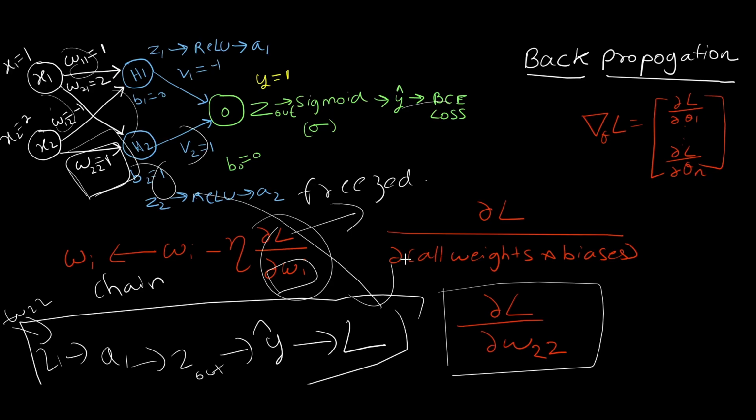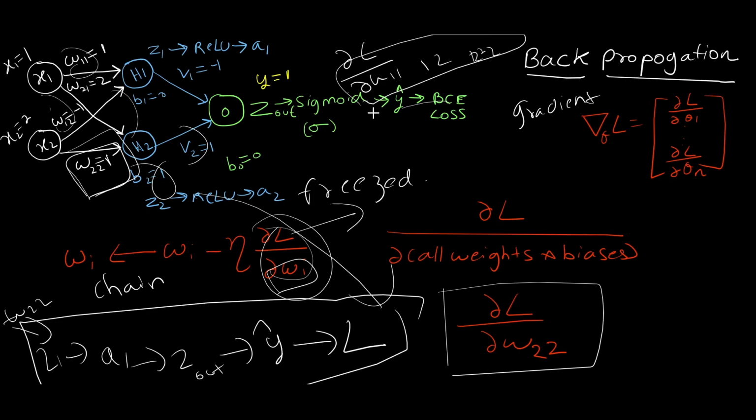That's why we need to calculate the partial derivatives, or the gradients. So here comes the concept of gradient. Essentially the main goal is to find the partial derivative of each and every weight and bias, right? So we have the partial derivative of W11, 12, and similarly 13, 22, and the biases and so on. We need to calculate all of this, but we cannot do it directly because of this dependency chain.